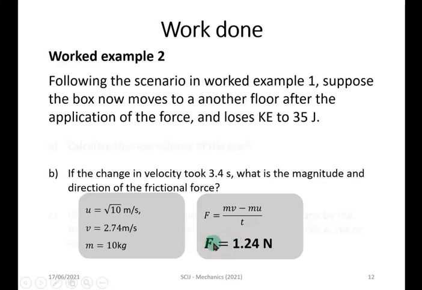So the force here will be negative 1.24. The negative implies that it is in opposite direction to the motion. We're supposed to calculate the magnitude of the force and its direction. Friction always opposes motion. It will try to reduce the motion of the box.